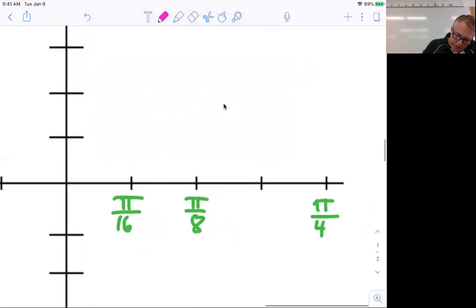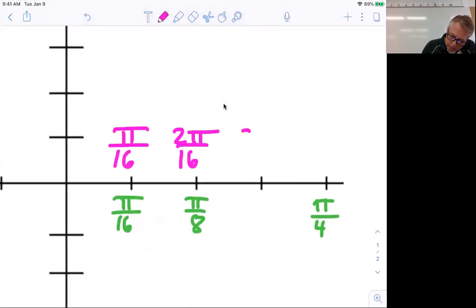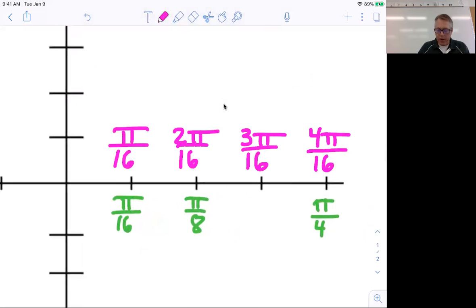Your first notch is 1 pi over 16. Your second notch is 2 pi over 16. Your third notch is 3 pi over 16. And your fourth notch is 4 pi over 16. So once you find that first notch, you just count 1, 2, 3, 4 of those things.